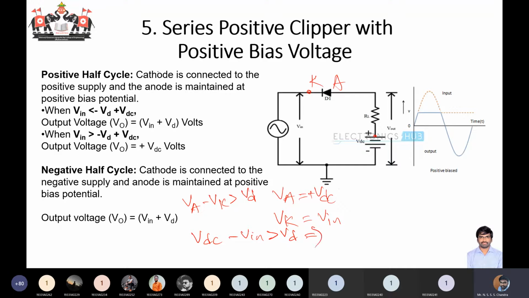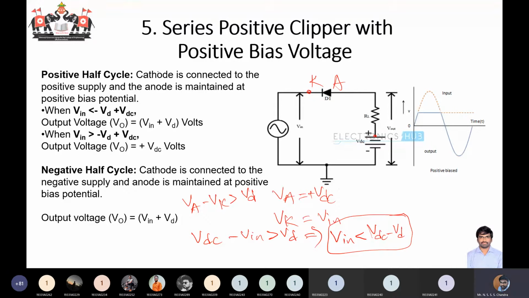Then what happens? If you take VIN to the right hand side and bring the VD to the left hand side, it will be VIN less than VDC minus VD. So this condition should be satisfied if the diode has to be in conduction.